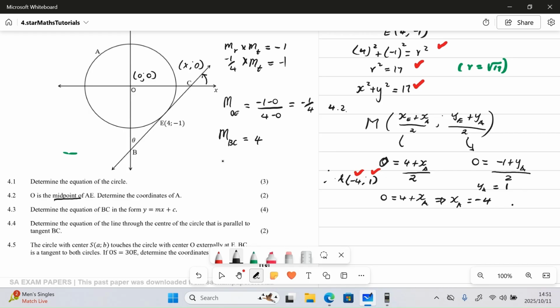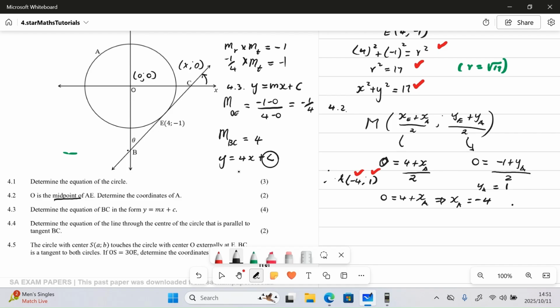Then we can update our equation. Remember, we are doing 4.3. We are looking for the equation of a line. So we can update that the equation is going to be y equals 4x plus c. Remember what is c? c is actually the y-intercept. Are we given the y-intercept? The y-intercept is the coordinates of B. It's not given.